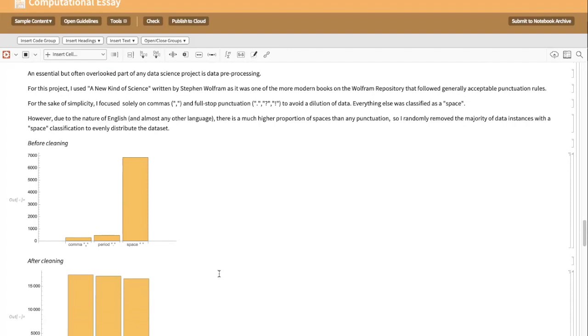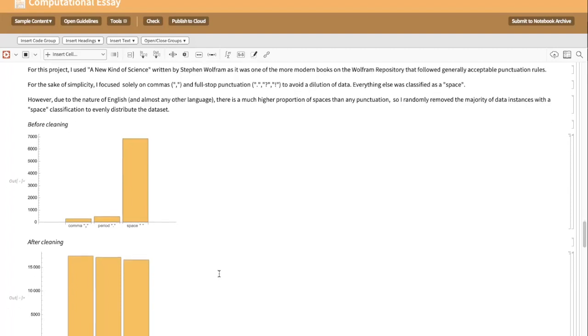I also had to balance out the data set because I quickly realized the model could achieve extremely high accuracy by simply guessing that there's no punctuation in a sentence. While that may be right, you'll get around 97% accuracy if you assume a text only has spaces. What's the point of a punctuation restorer if it doesn't restore any punctuation?